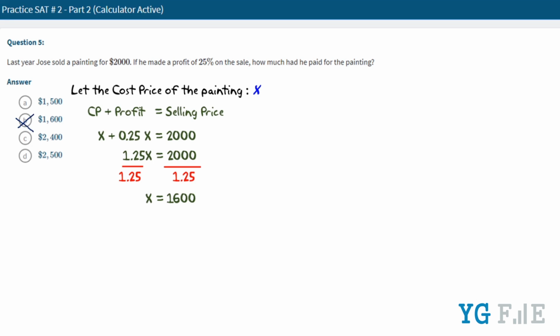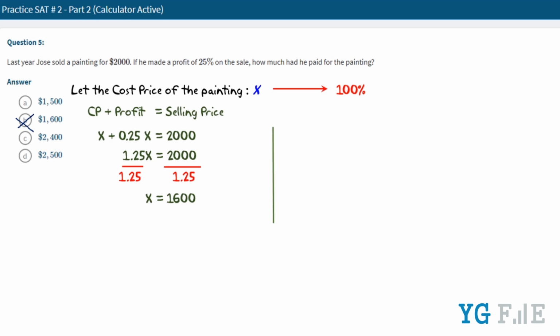And actually, to solve this problem, we can use another approach, which is using ratio and proportion. To solve this problem using that method, first we can let the cost price of the painting be 100%.